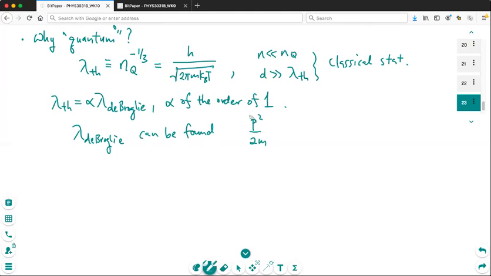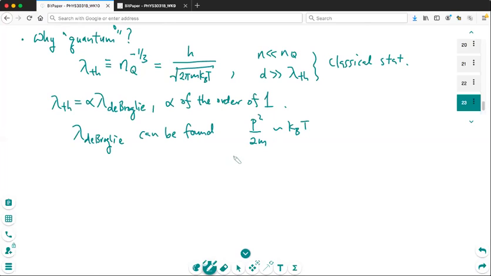I told you this is translational kinetic energy, and this is of the order of k_B T. I don't want to argue about this constant in front. Okay, let's say there's some thermal energy k_B T that the particles in the gas take advantage of and turn into translational kinetic energy. Then I can write it like this.